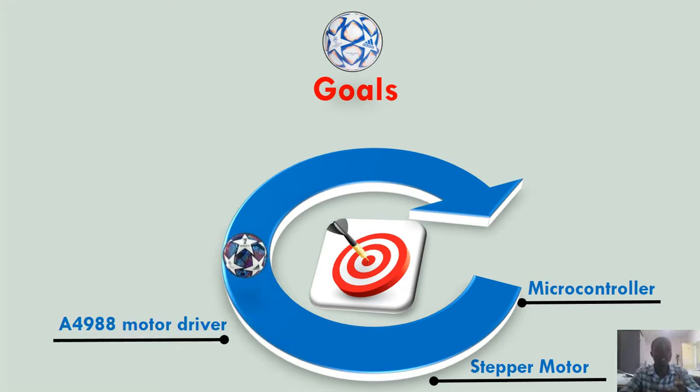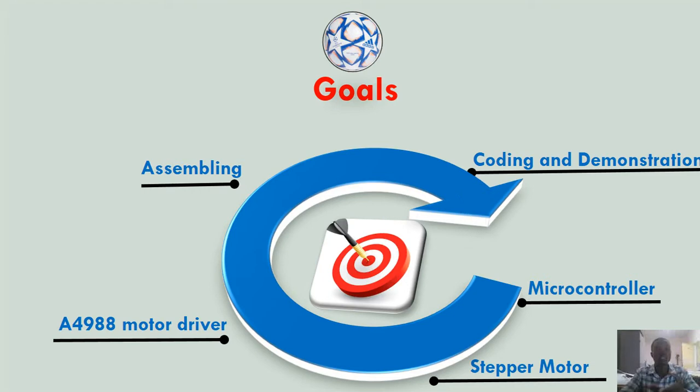The third goal is the driver, which is the A4988, and this driver is used to interface the microcontroller and the stepper motor. Another goal is combining or assembling the hardware components together. And lastly, we look at coding and demonstration.